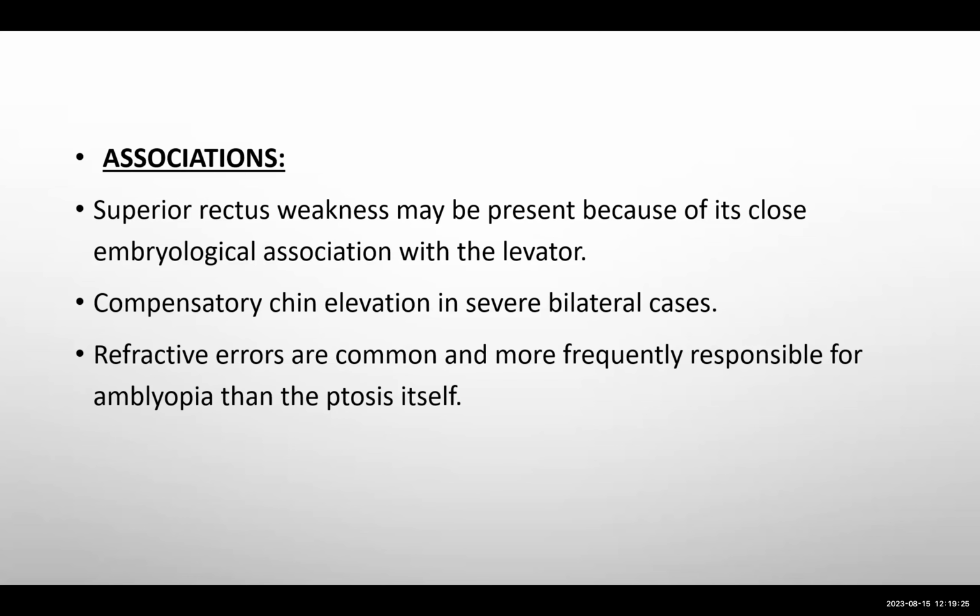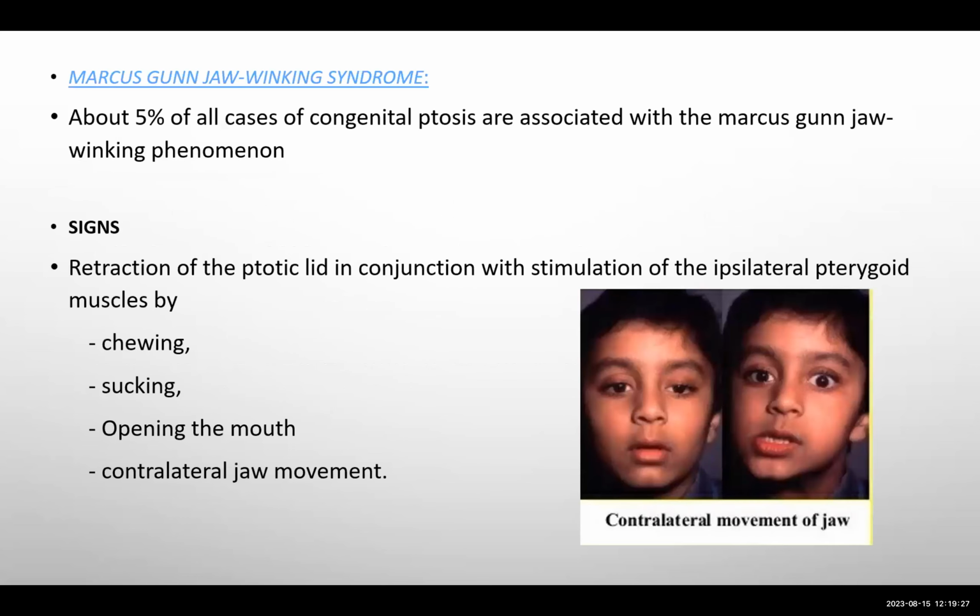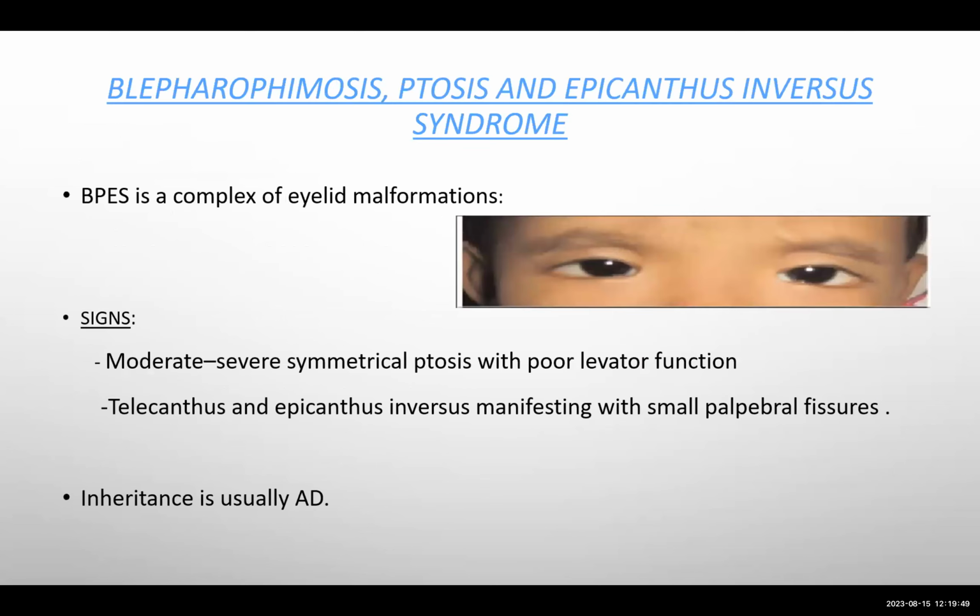The Marcus-Gunn jaw winking syndrome. About 5% of all cases of congenital ptosis are associated with the Marcus-Gunn winking phenomenon. There is retraction of the ptotic lid in conjunction with stimulation of the ipsilateral pterygoid muscle by chewing, sucking, opening the mouth, and contralateral jaw movement, as you can appreciate in the image. The next is blepharophimosis, ptosis, and epicanthus inversus syndrome.